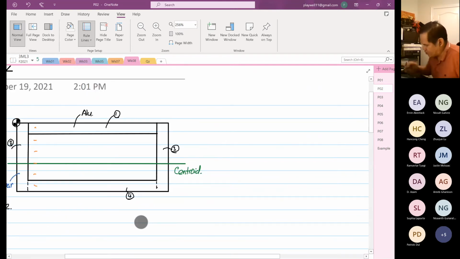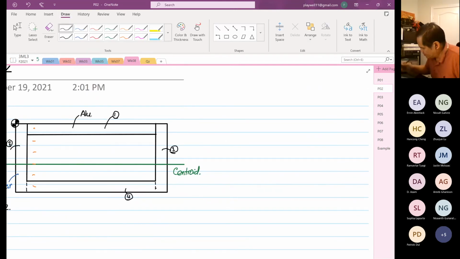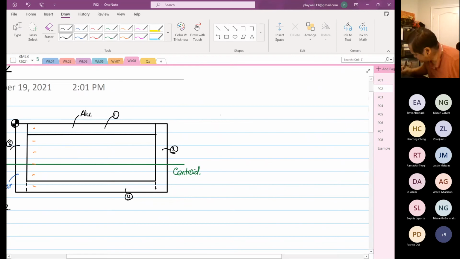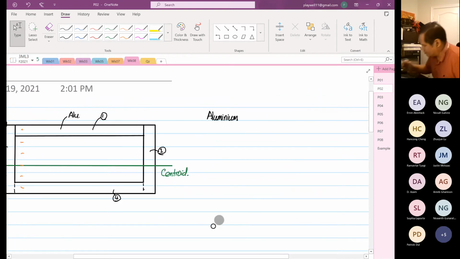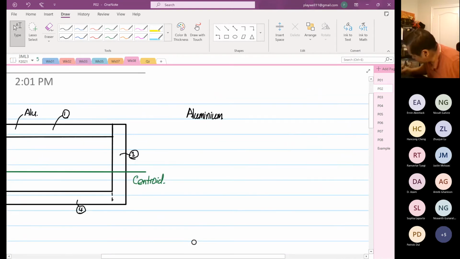Okay, so let's focus on aluminum first. Okay, so let's look at aluminum. And we know that the aluminum is under what? Compression loading. Okay, so aluminum is under compressive loading only.